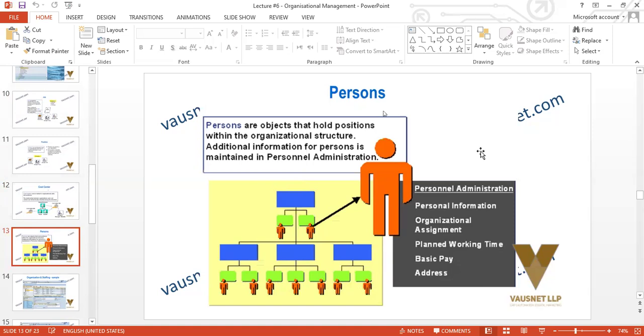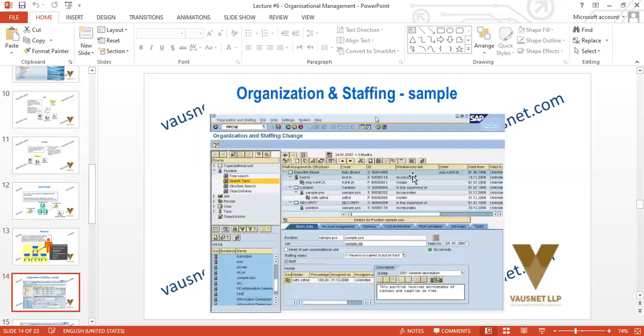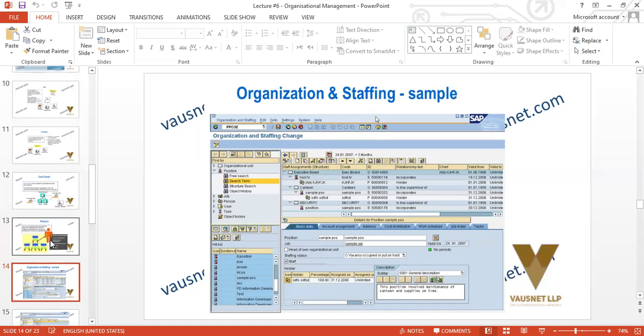Persons are physical persons, and physical persons are also maintained as units because they hold positions and they execute the positions. So a person and the details will be maintained in SAP. So the staffing and organizational management in SAP is part of the HCM consultant's area of responsibility.